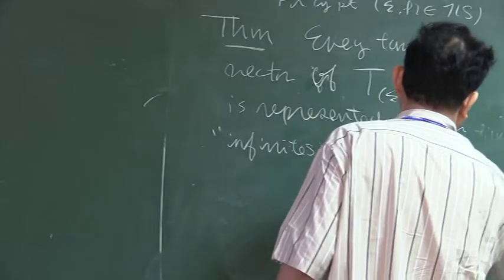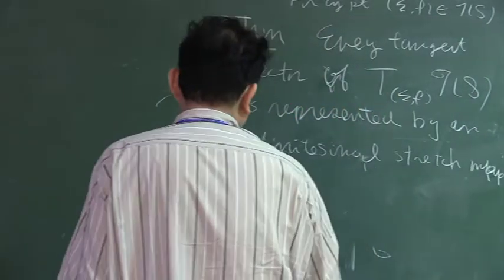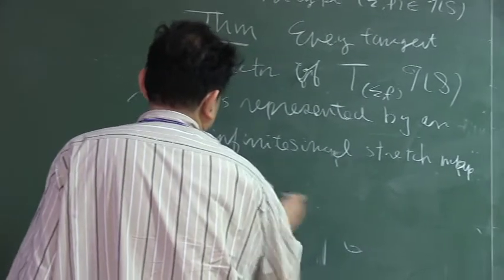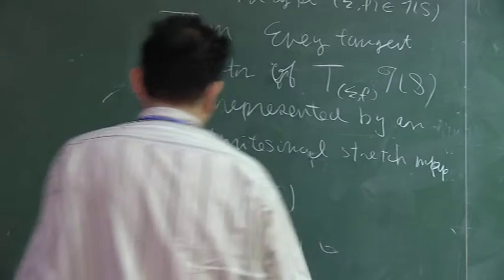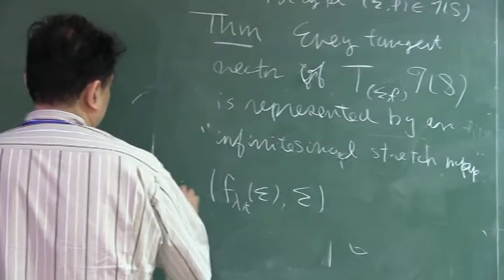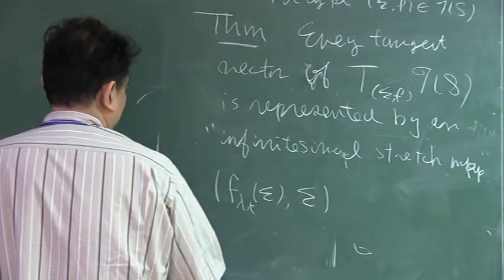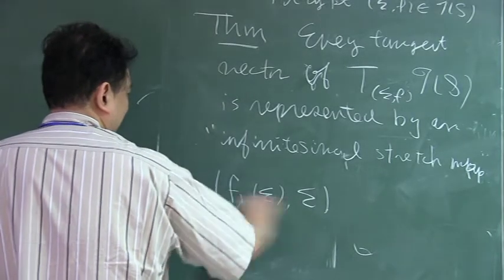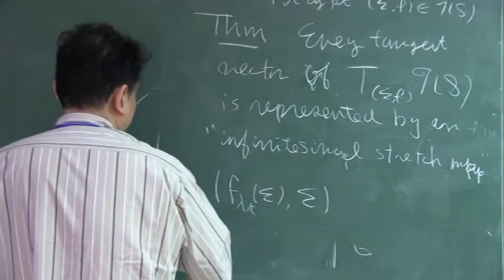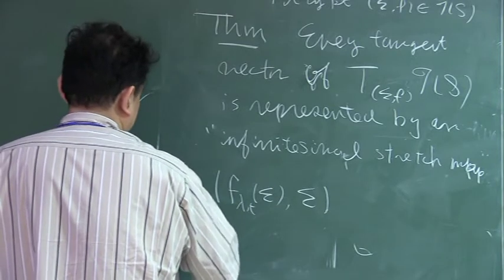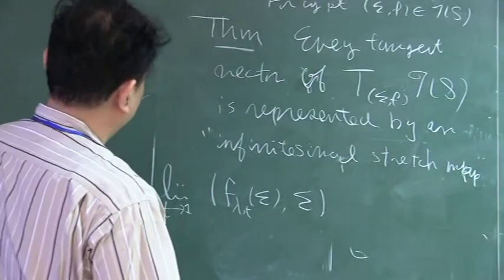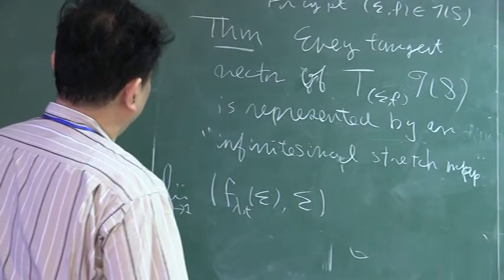That means you consider the stretch map and its image, as a limit of t going to 1.